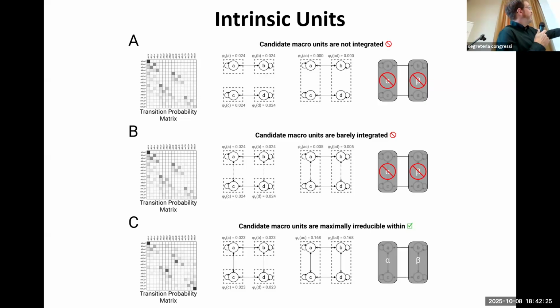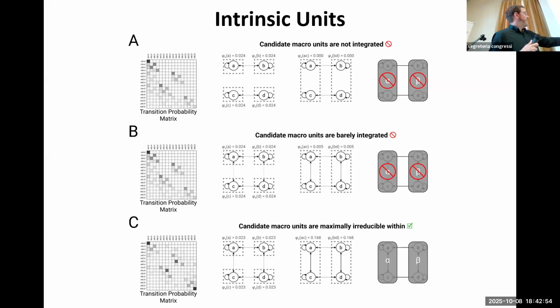What do I mean by that? The phi of AC is 0.005, but if I treat A by itself, it's 0.02. So A by itself is more integrated, and this is not definite in a sense. Why do I choose the unit I choose? It has to have a reason: we have the maximal existence. So these units are integrated, but they're not definite. They don't satisfy irreducibility within, so they're not eligible to be macro units.